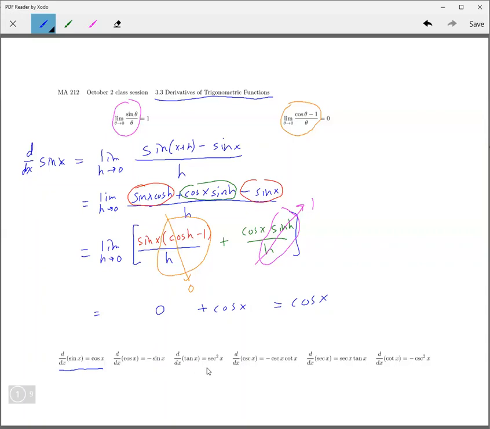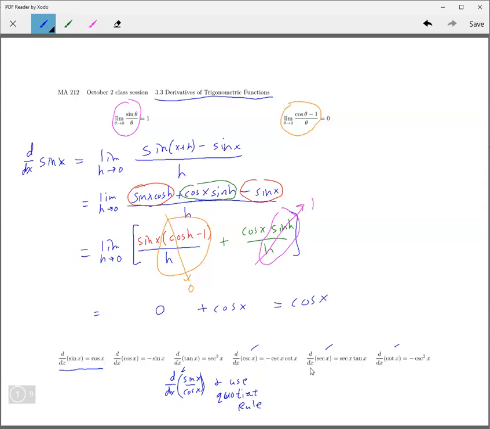Tangents can be different, but for a tangent you would rewrite the tangent as sine over cosine and then use the quotient rule. That's basically what you would do with all of these: just rewrite them as quotients and then use the quotient rule.